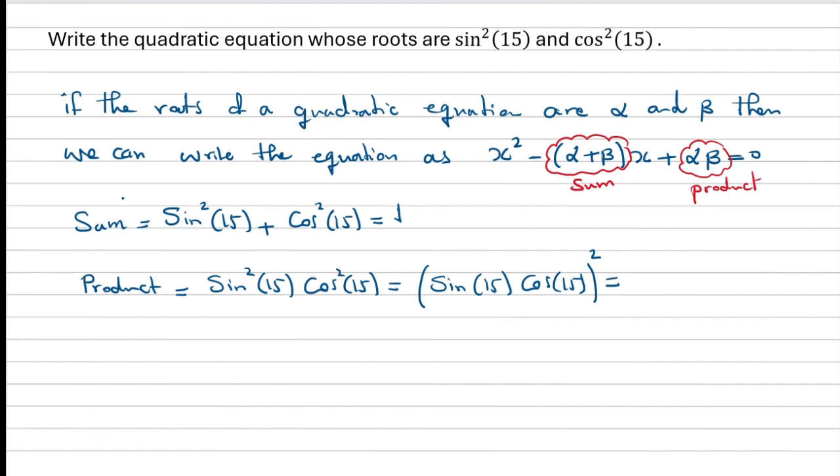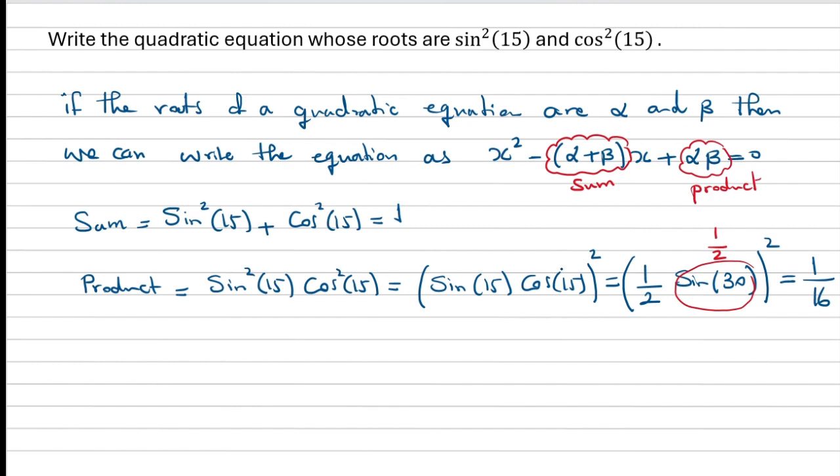But for sine of 15 times cos of 15, we can use the double angle formula, and we know that it's going to be equal to a half sine of double angle 30, and then all of it squared. We know that sine of 30 is a half, so this is a half, times a half is 1/4, and 1/4 squared is going to be 1/16.